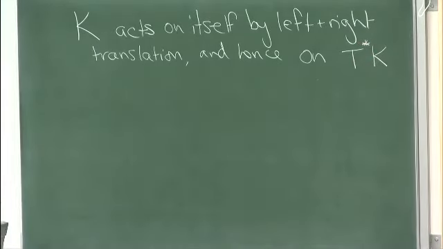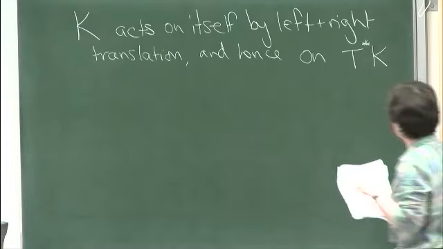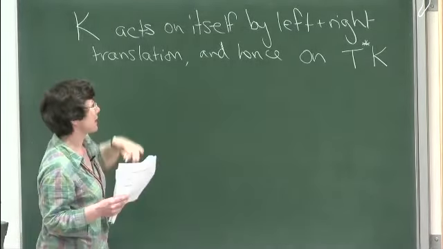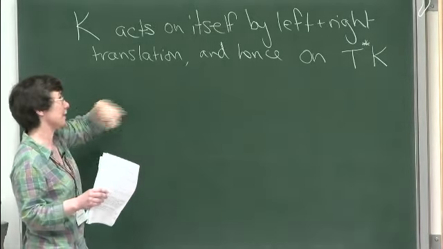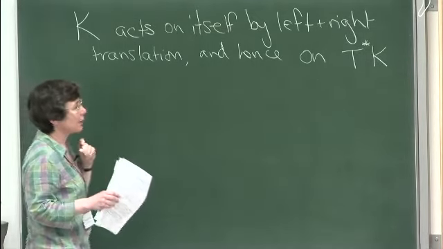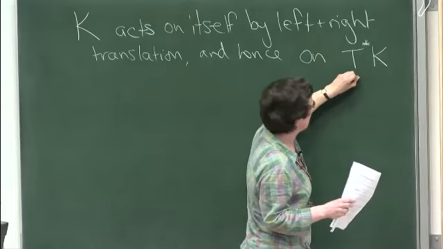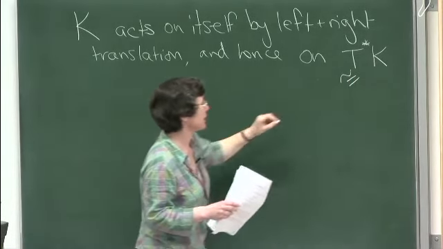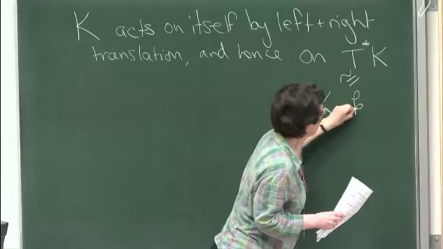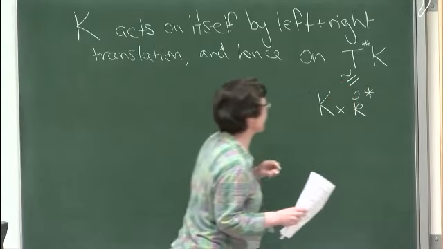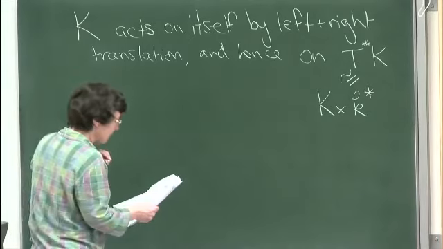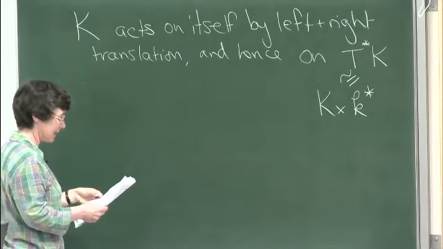So any cotangent bundle will be symplectic. And this action is Hamiltonian, or both these actions are Hamiltonian. And we can write down the moment maps if we identify the cotangent bundle with just K cross the dual of its Lie algebra, as we can do, and in an equivariant way, I guess.